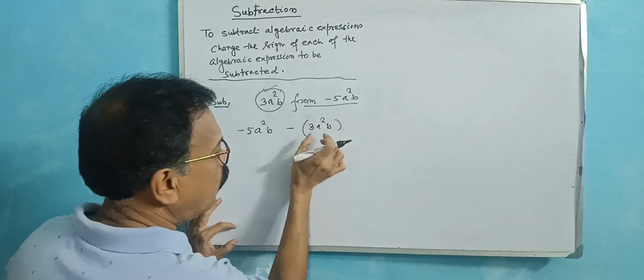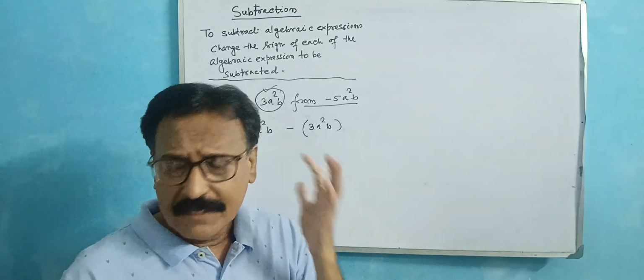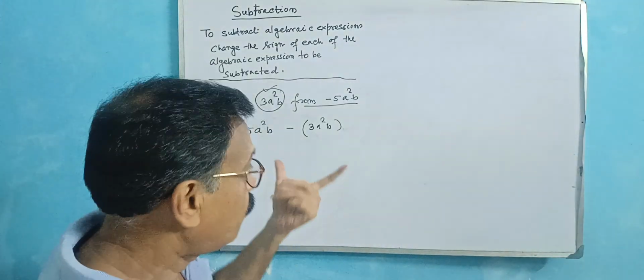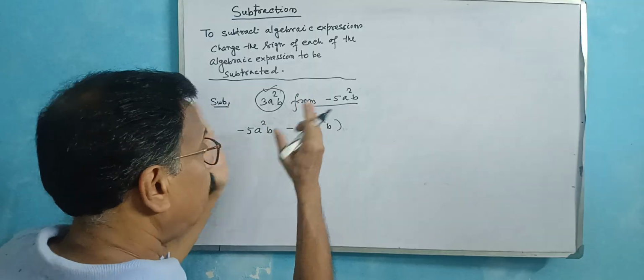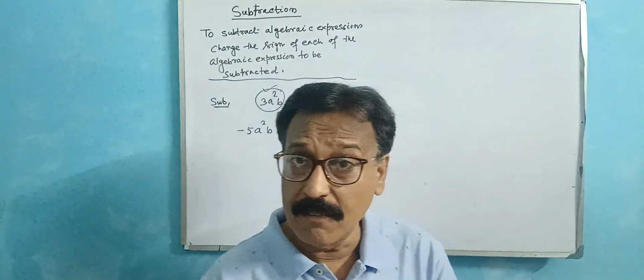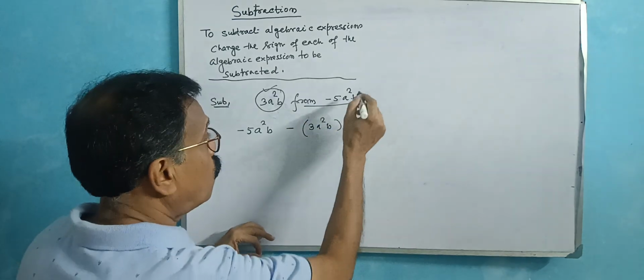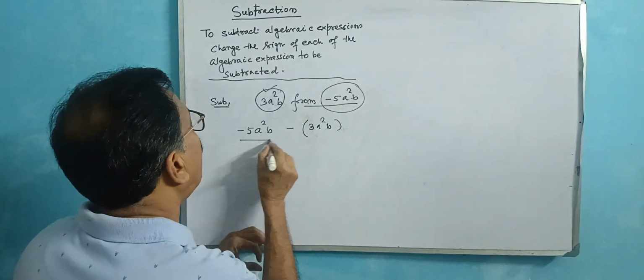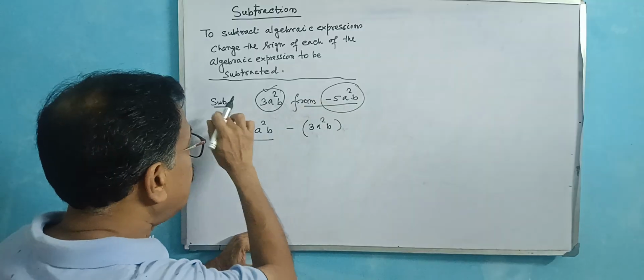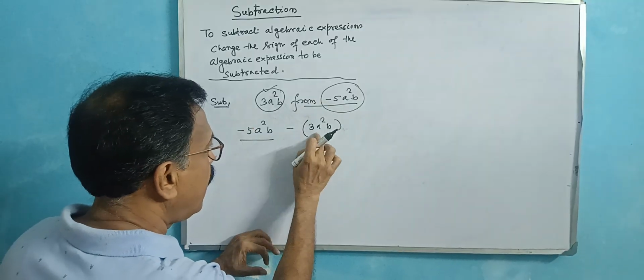In case of one term you cannot use the bracket, but when there are two terms, you use the bracket. Don't be confused. Subtract this from this, so you write this part first, then the subtract sign, and write this.